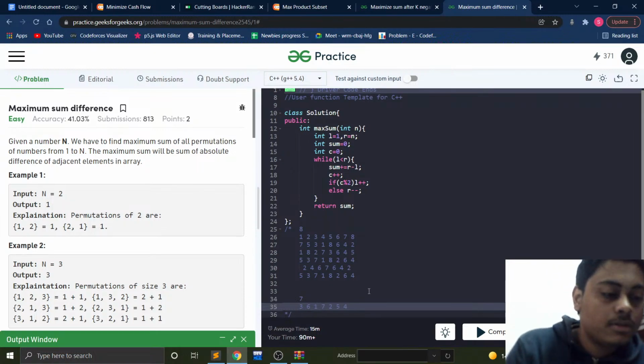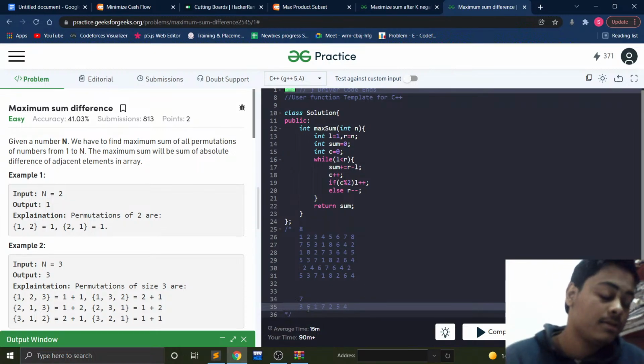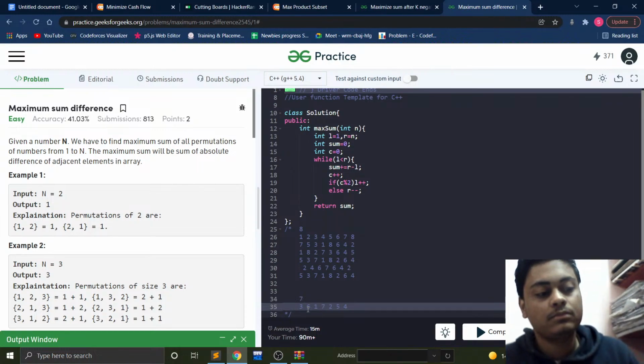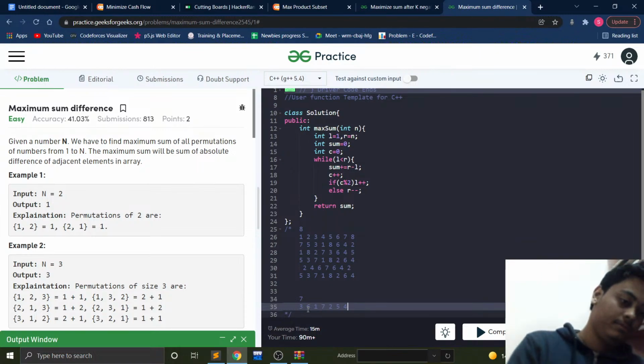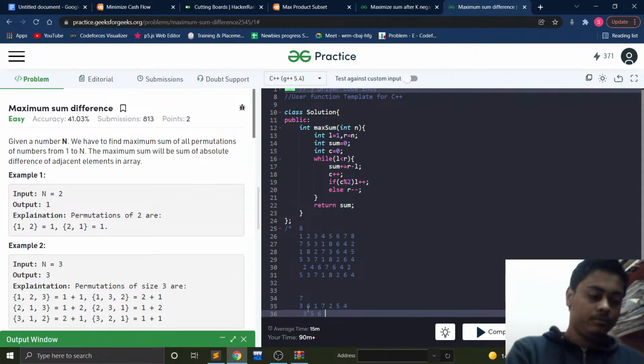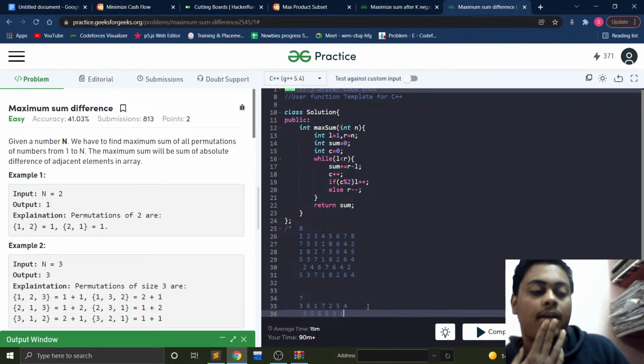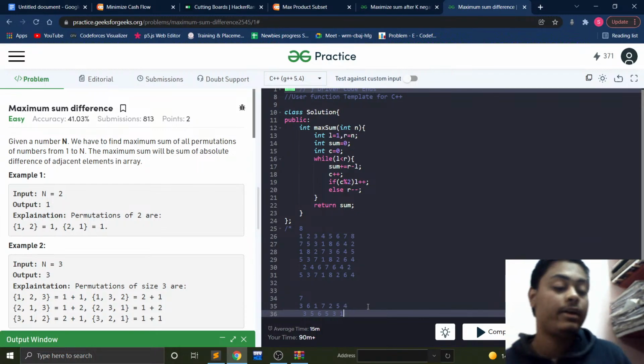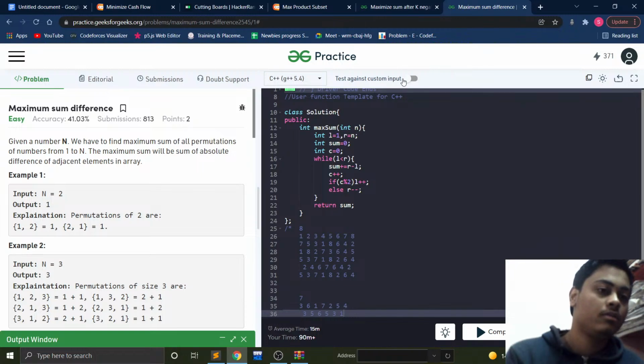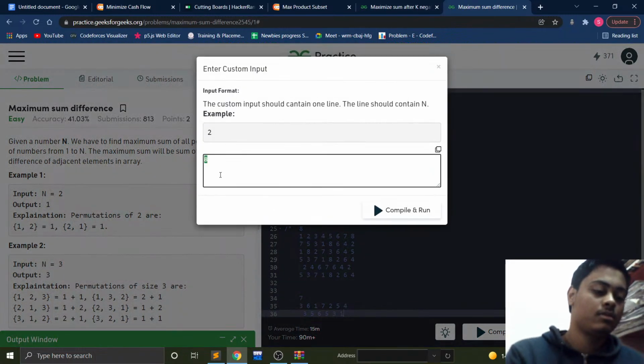The answer for this problem will be 3 plus 5 plus 6 plus 5 plus 3 plus 1. Summation will be 9 plus 6, 15, 20, 23 for n equal to 7.